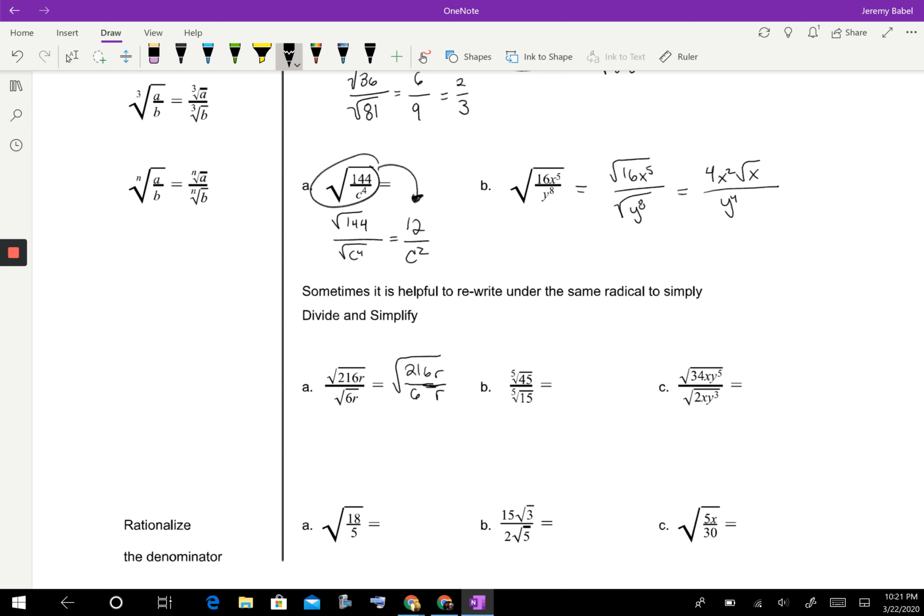And really the first thing I see there is that we can cancel that factor of 1. And then 216 divided by 6, I'll just work that on the side. I don't have a calculator on hand.